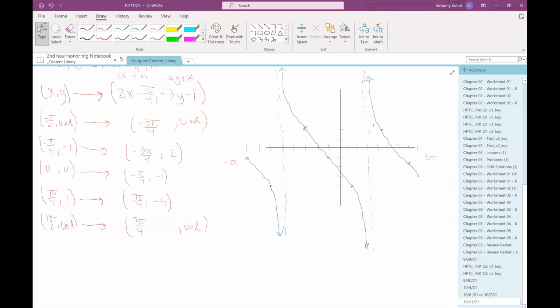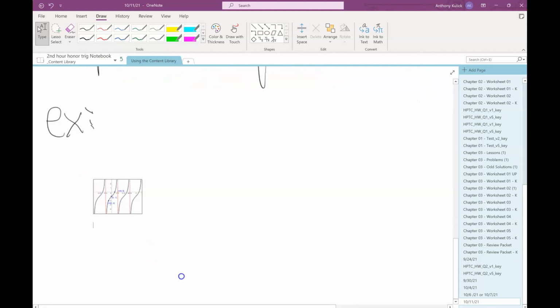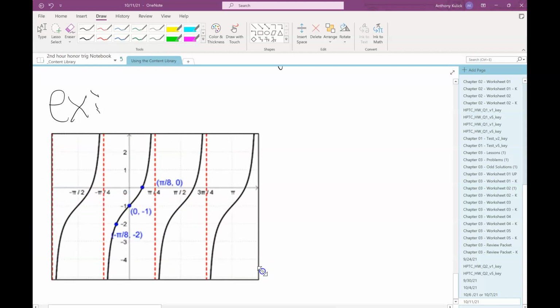Okay. Next example. Let's say we want to go from the graph to an equation. So this will be very similar to what we've done already for sines and cosines. So the nice part is there's only one equation that I can write. Okay.